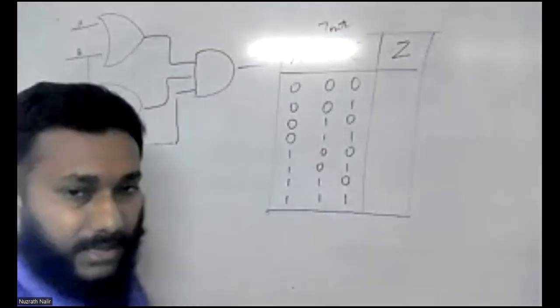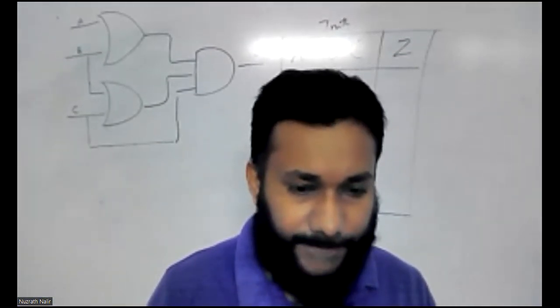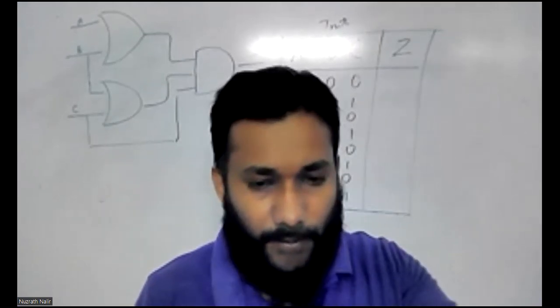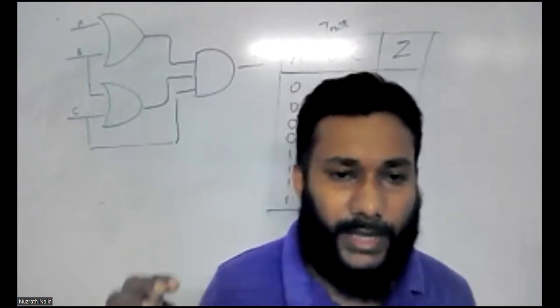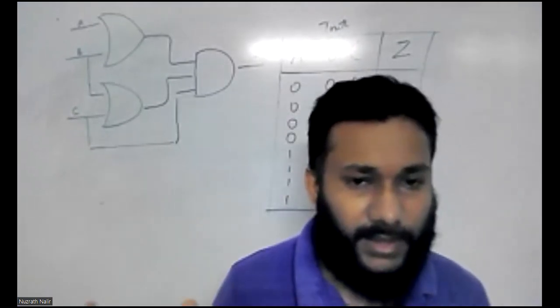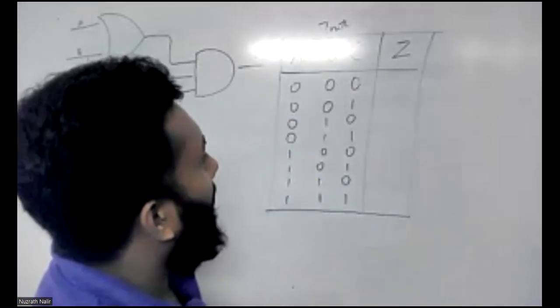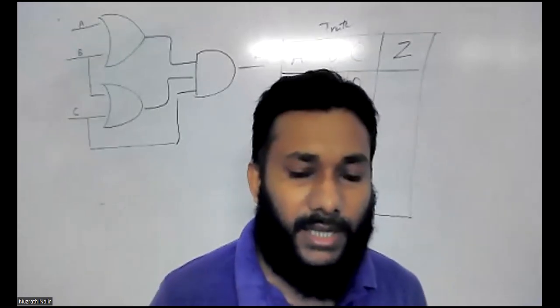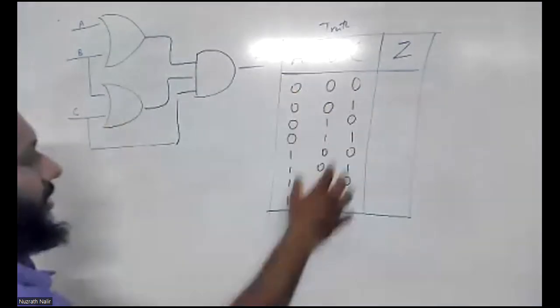Fine. Let's see, is there any definition that they have given? Okay, here there is no definition. You can get the answer from this one. So A, B and B, C combinations are there, and thereafter C is the input. So this is your diagram.